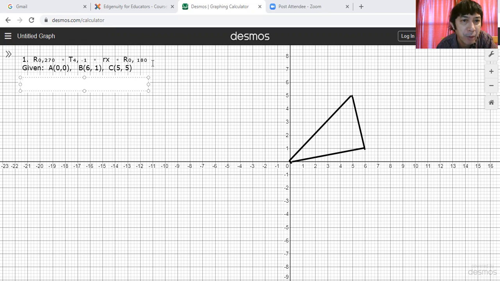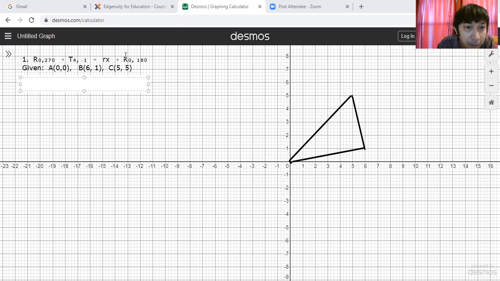So as you can see from the problem, you can see their rotation, and then going to the next left operation, that's reflection about the x-axis, followed by translation, 4, comma, -1. 4 is for the x, and the -1 is for the y. That means x plus 4 and y minus 1. And we will do that when we reach translation. Then after which, the last operation is rotation again.